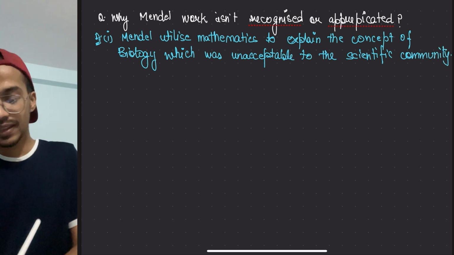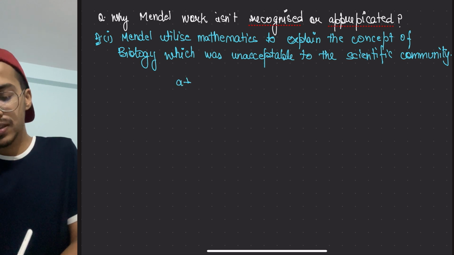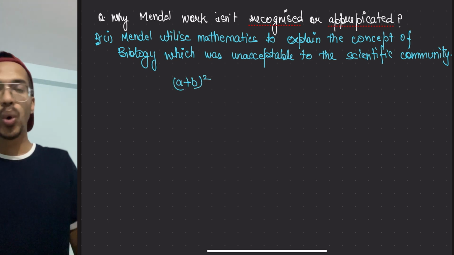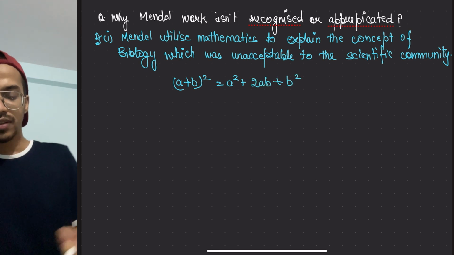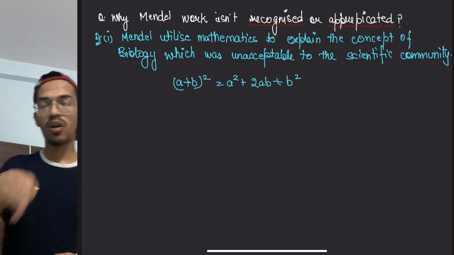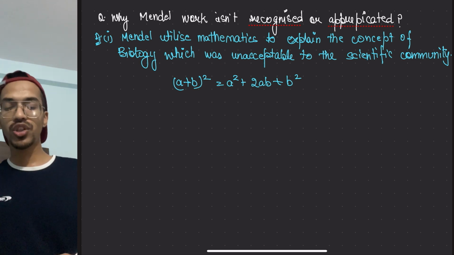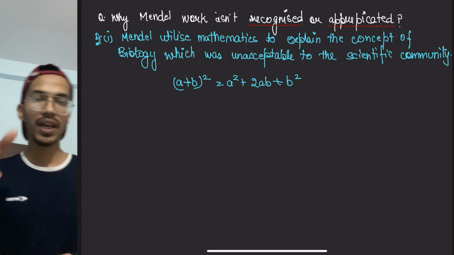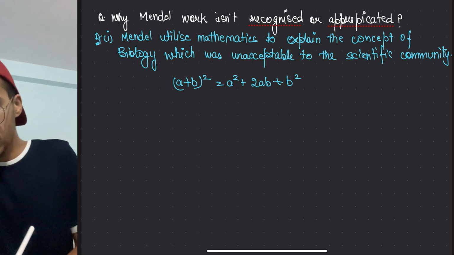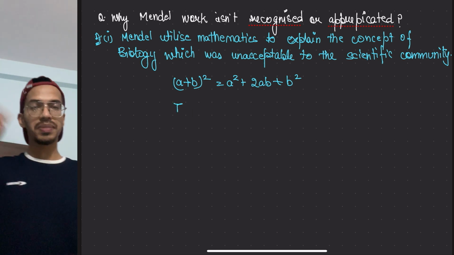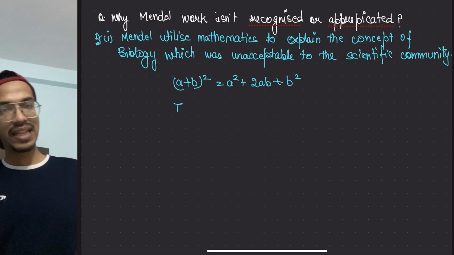he said that (a plus b) whole square, that is a square plus 2ab plus b square, the amount of expression would be in this form. It means that if we are taking a monohybrid cross, then one A is representing one allele of the gene.